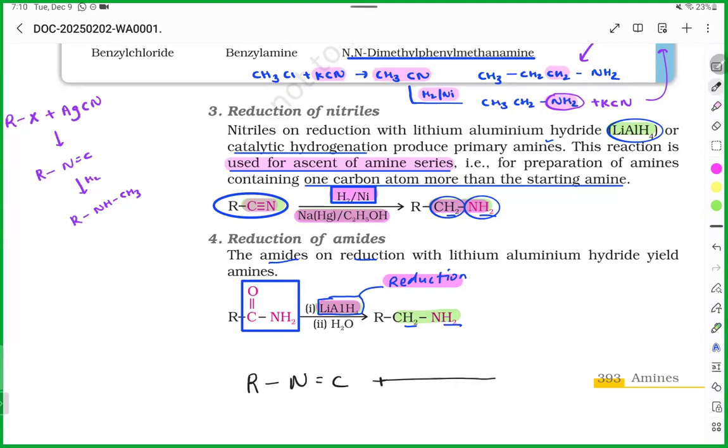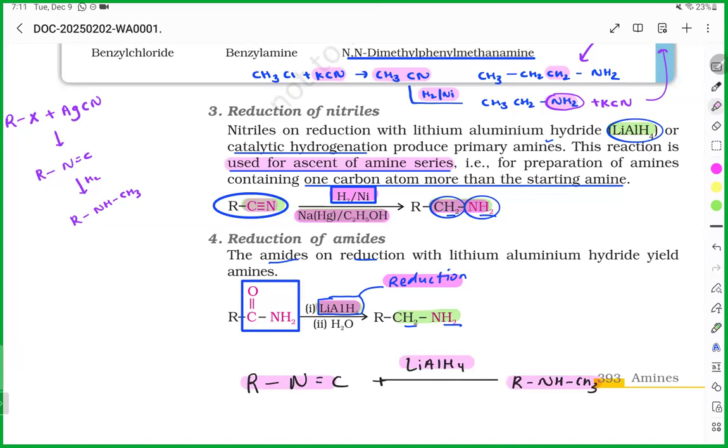It reacts with lithium aluminium hydride. What will be the product? RNHCH3. Understood? This reaction is important because it is not given in the NCERT. I thought it is given in NCERT. Understood, guys? Yes, sir. So there is a difference between cyanide and isocyanide.